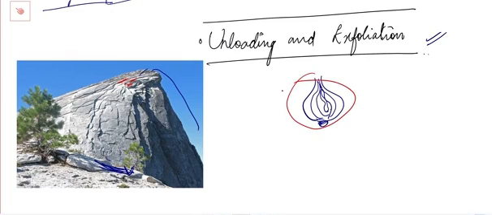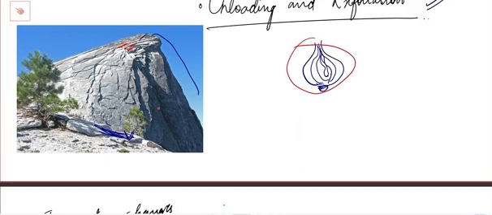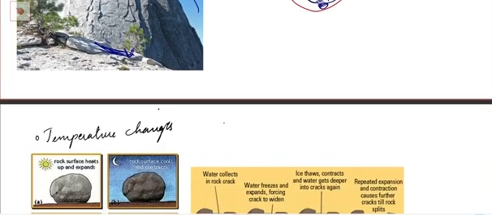Exfoliation is the layers which break down due to weathering and reach the surface due to gravity. So this is what unloading and exfoliation are.